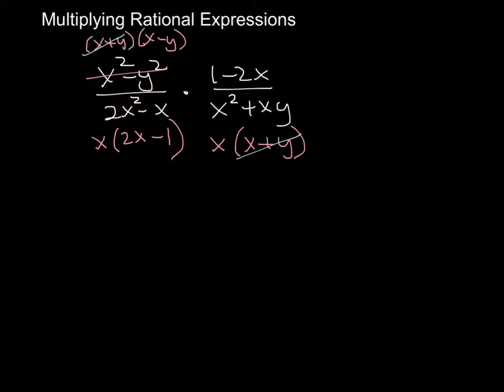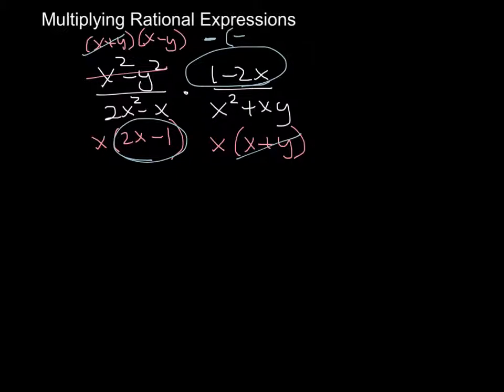So what I actually want to do is see this right here, this 2x minus 1. What I actually want to do is take a look at it with this part. And I have 1 minus 2x. Well, if I factor out a negative out of one of these, and let's do it on the top, what do I get?